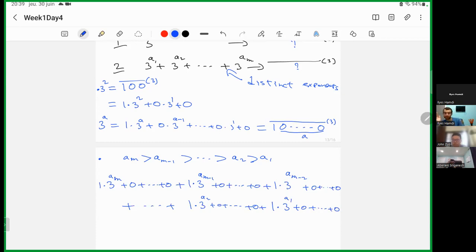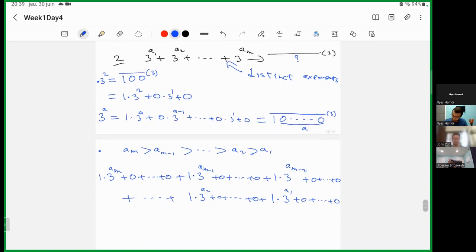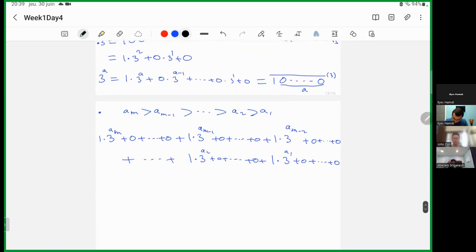So first of all, let's see if you guys understand what I did here. Maybe I can give you an example, let's say more concrete. So 3 to the 5 plus 3 to the 2 plus 3 to the 0. So this is 1 times 3 to the 5. There is no 3 to the 4. There is no 3 to the 3.